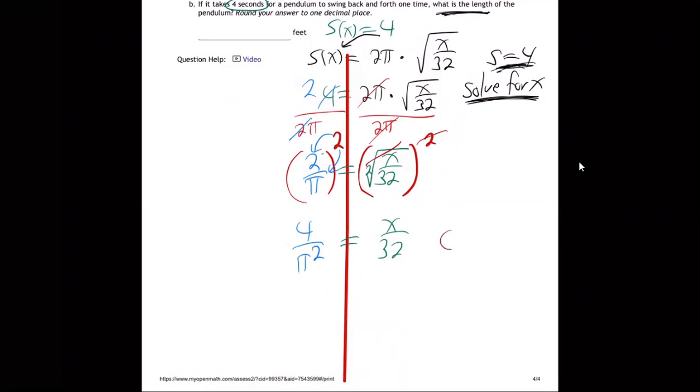cross multiply. So what do we get then? 4 times 32 is x times pi squared. And what is 4 times 32?